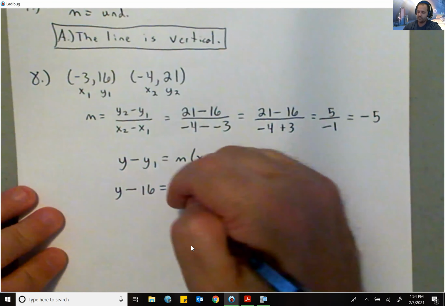Point slope. y minus y1 equals m parenthesis x minus x1. And it just so happens that our first point has the lowest values. I would go with those. So we plug in y minus 27,700 equal to 1,900 parenthesis x minus 1.